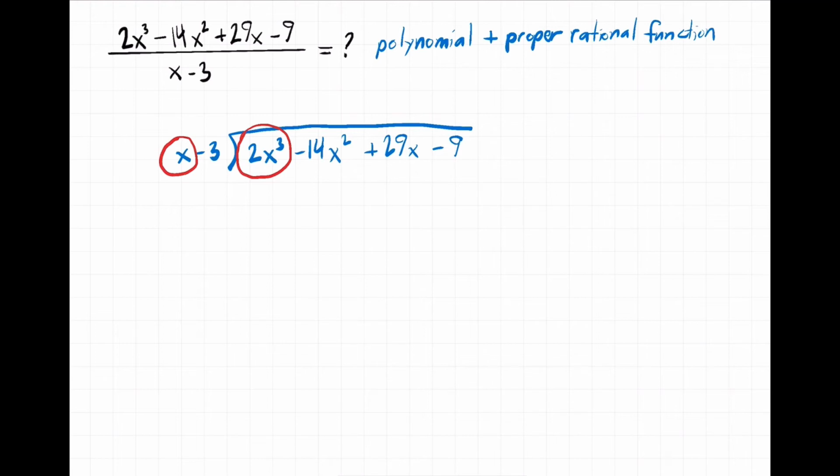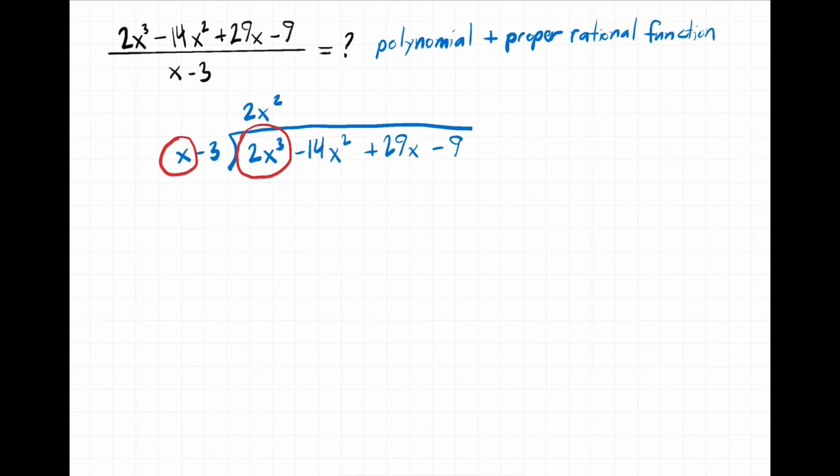Now, how many times is kind of not the right question to ask here. What we really should ask is, what can I multiply by x to get 2x cubed? And the answer is, well, if I multiply 2x squared by x, I will get 2x cubed.